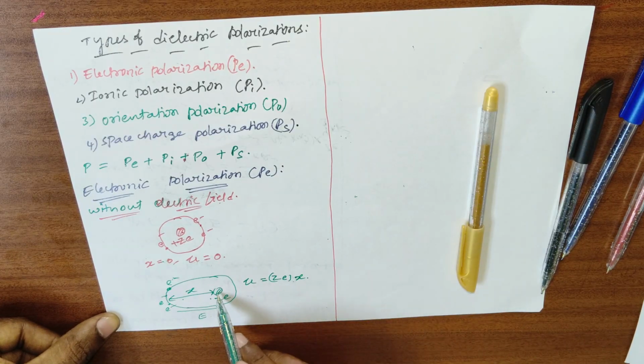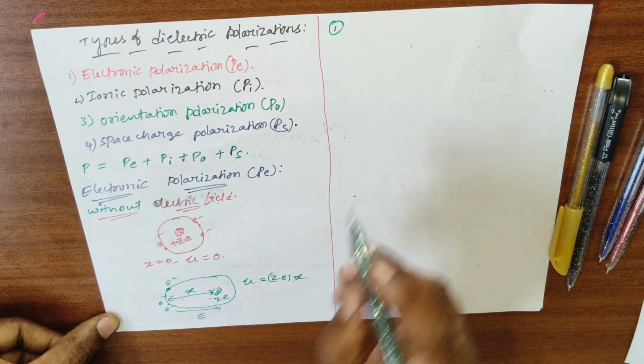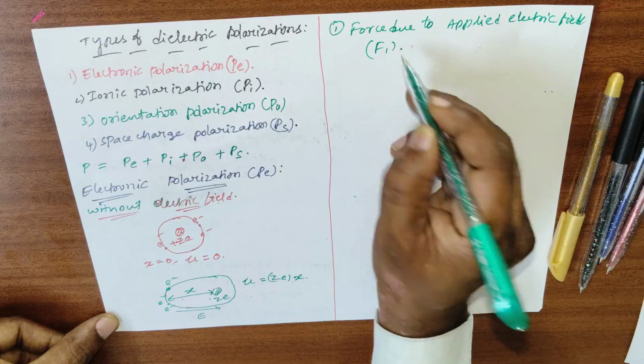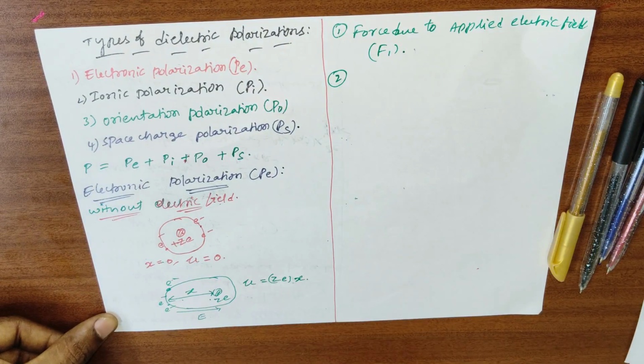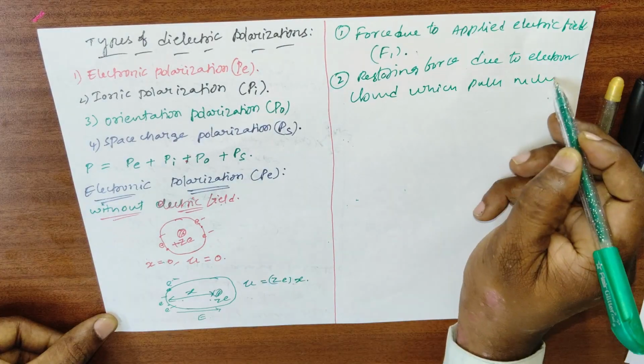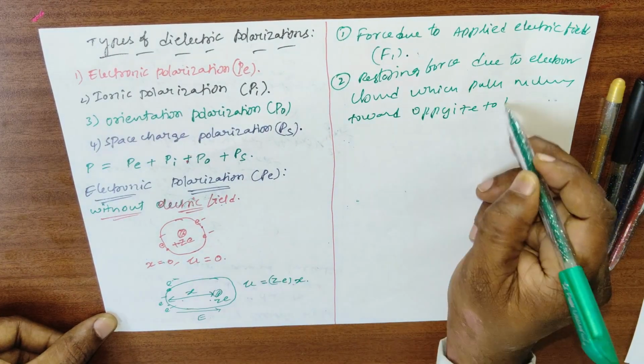Here the nucleus experiences two forces. First, the force due to the applied electric field, that is the Lorentz force, you can take it as F1. Second, the restoring force due to the electron cloud, which pulls the nucleus opposite to electric field E.